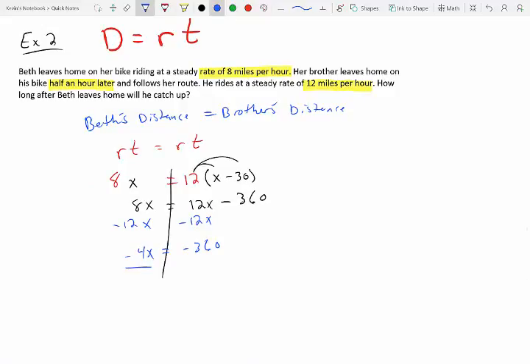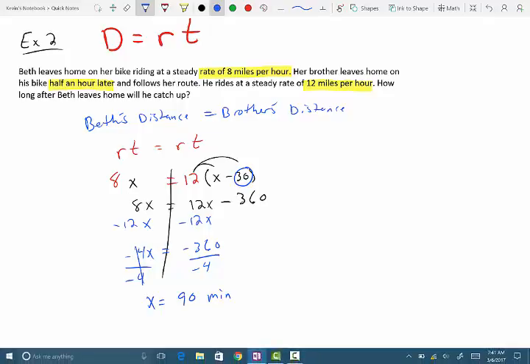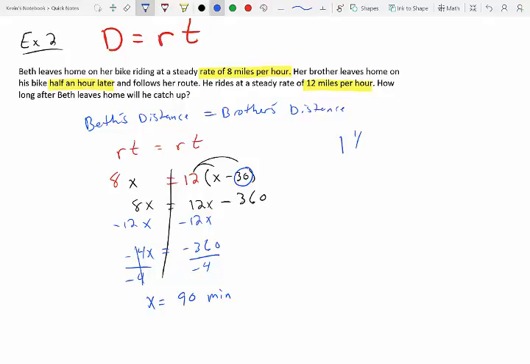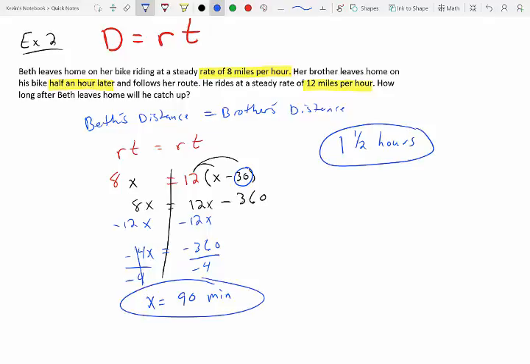And then I have to divide by negative 4 on both sides. So x equals 90. And we look, since the 30 was in minutes, my time here is in minutes. So x equals 90 minutes, or he catches up at 1.5 hours. Make sure we have a label on it. Either one of these is fine.